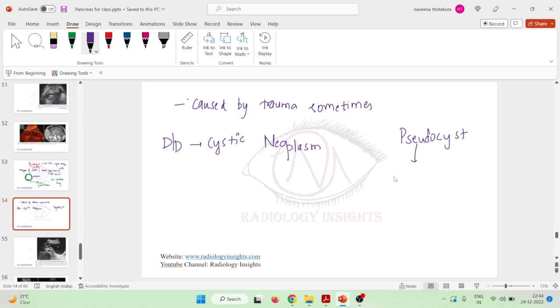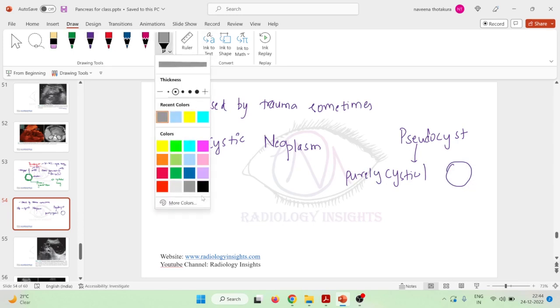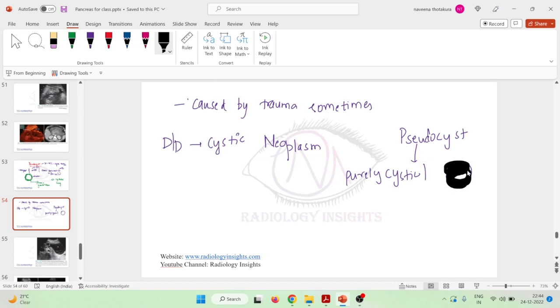Pseudocyst can present as a purely cystic collection, a complete anechoic cyst like this, or it might present with mural irregularities, septations in the wall, or internal echoes.